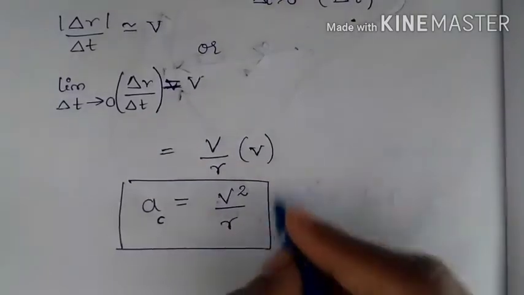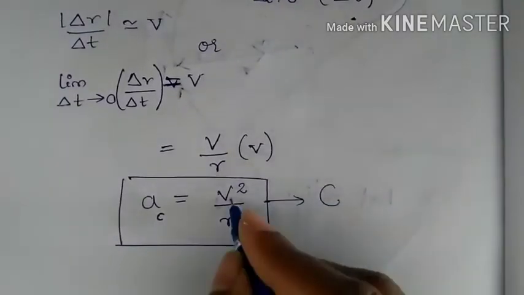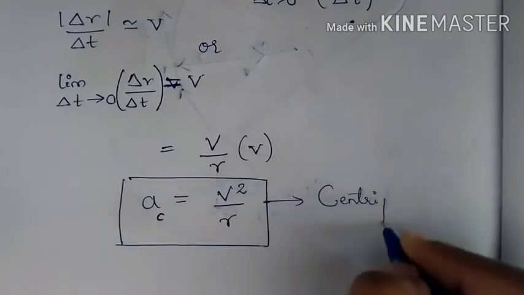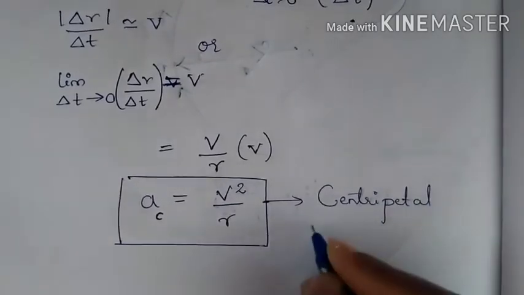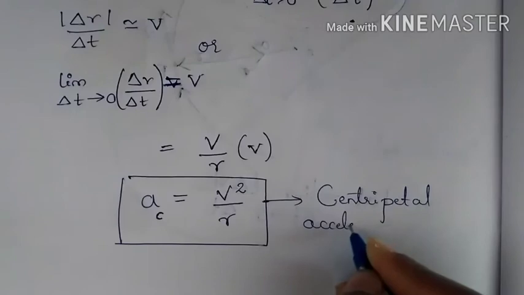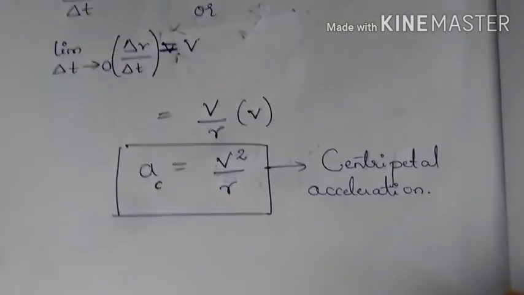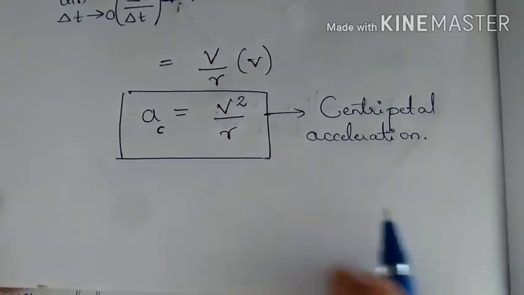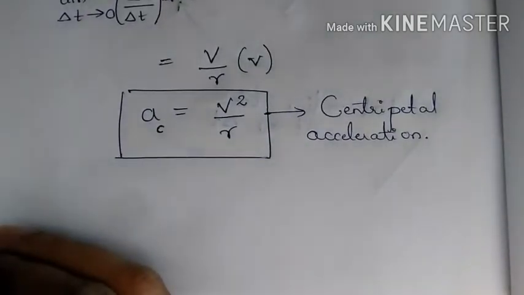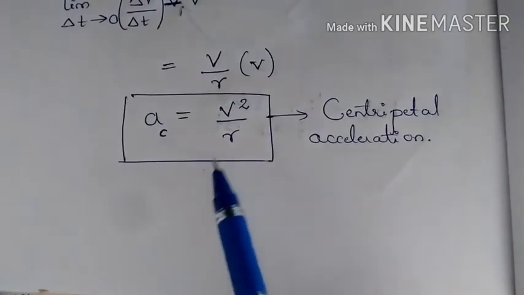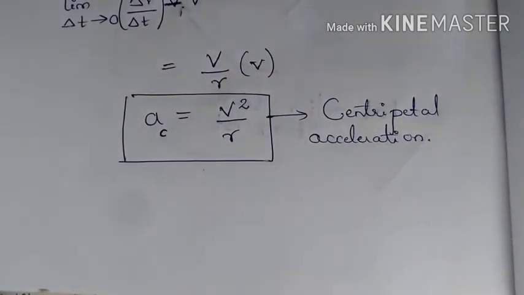So centripetal acceleration can be written as V square by R. So this equation is the centripetal acceleration equation, and this will always be directed towards the center of the circle.